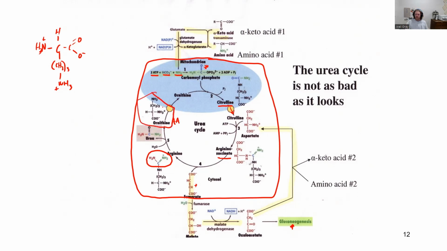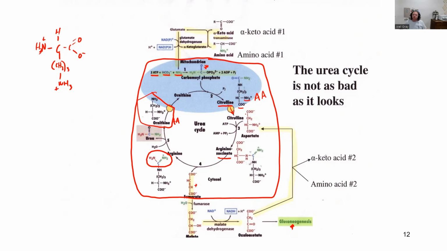Ornithine. Where is it? It's in the cytosol. It has to get into the mitochondria. Why? So that I can make citrulline. Citrulline, much like ornithine, is an amino acid. NH3, CO minus. Is it a proteinogenic amino acid? No, it's not. Citrulline is then transported out of the mitochondria.